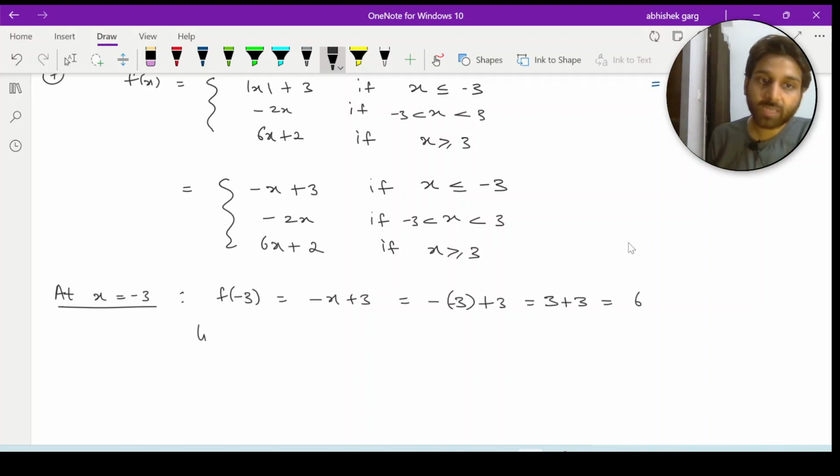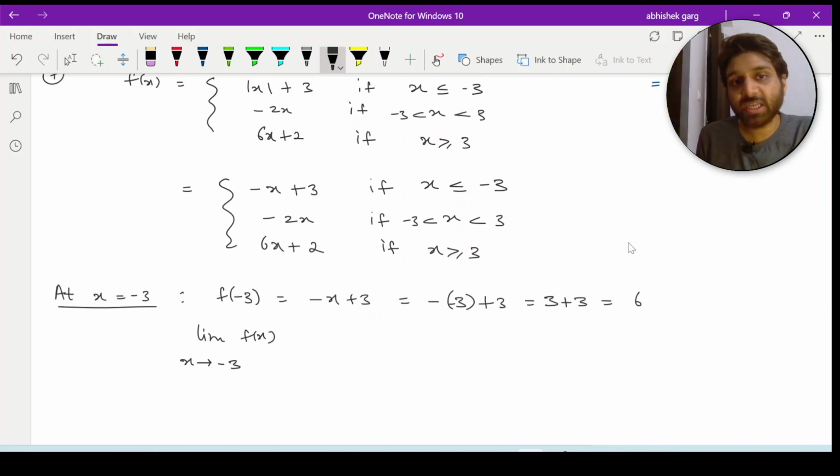Okay, now let us calculate the limit of the function f(x) when x is tending to -3. Now here you can see that for values below -3 we will take -x+3, and for values above -3 we will take -2x. So because the function's behavior is changing here, we should calculate the left hand limit and right hand limit separately. So to find the left hand limit, what will we write? Limit f(x) as x tends to -3, and we'll put a small minus sign over here which represents that the value of x is slightly less than -3.